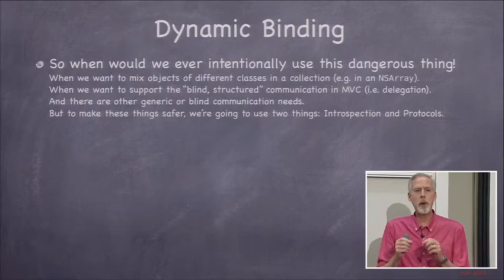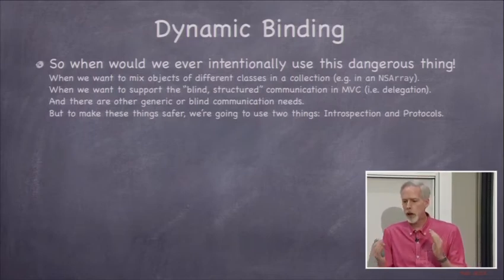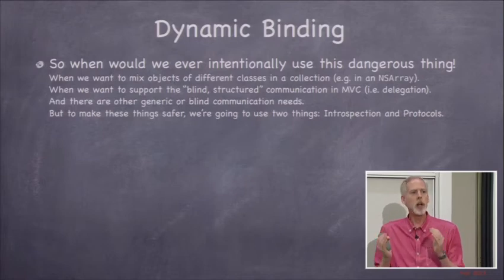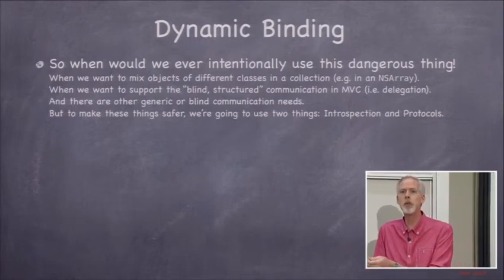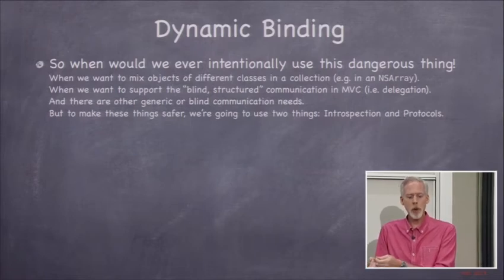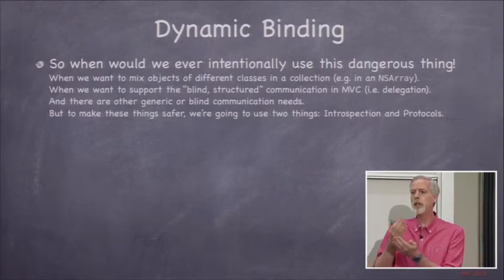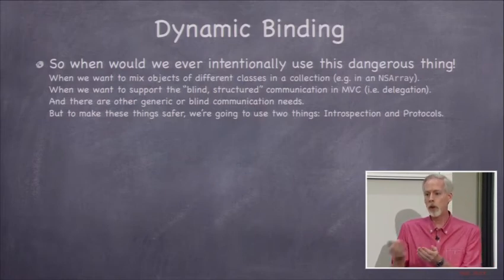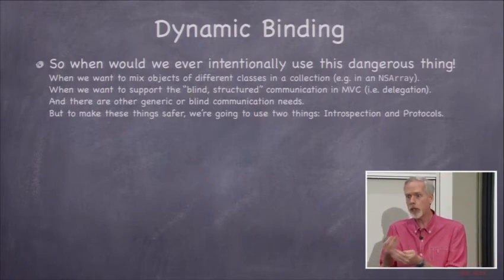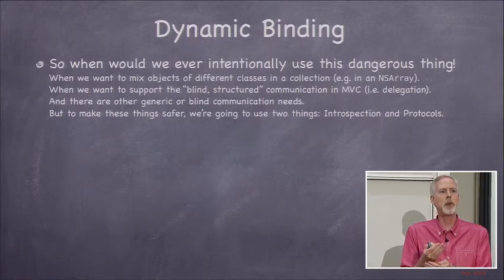The second one is, remember the MVC talk? I talked about all this blind structured communication, right? To have blind communication, you've got to have pointers to objects of types you don't know. There's no way that the view can send the target action thing to the controller without knowing the class of the controller, unless the view can have some kind of pointer to a controller that it doesn't know the type of.